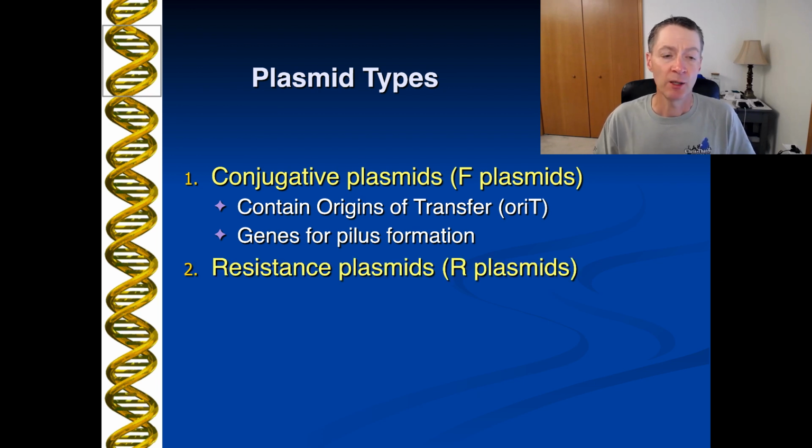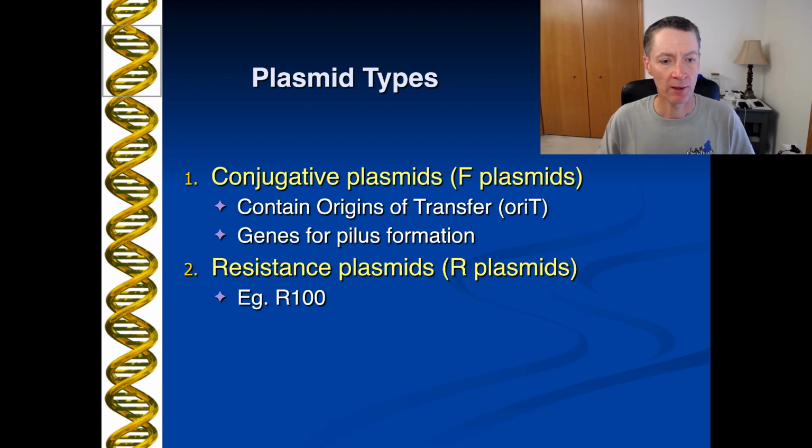We also see plasmids that are called resistance plasmids, and that's kind of a no-brainer if you think about what that probably is about: antibiotic resistance, all right? R plasmids, or resistance plasmids, give resistance and protection from antibiotics that exist out there.